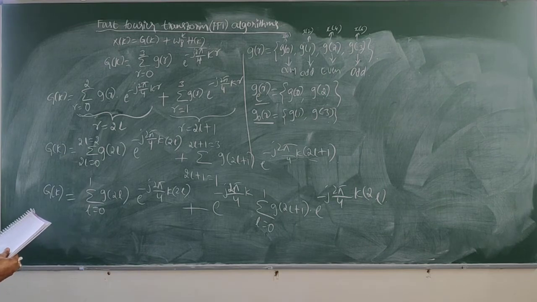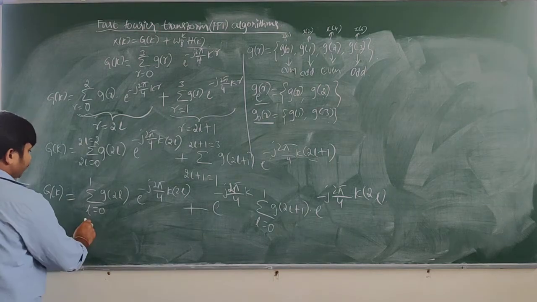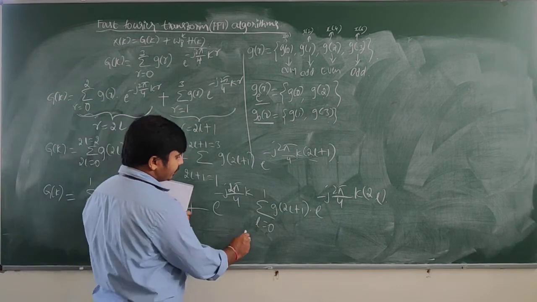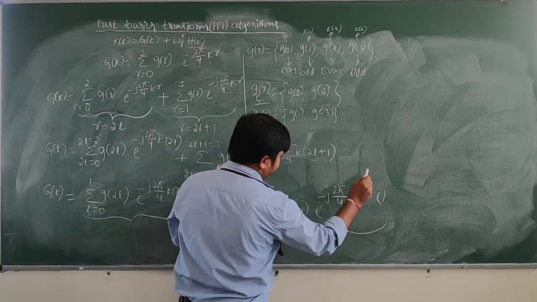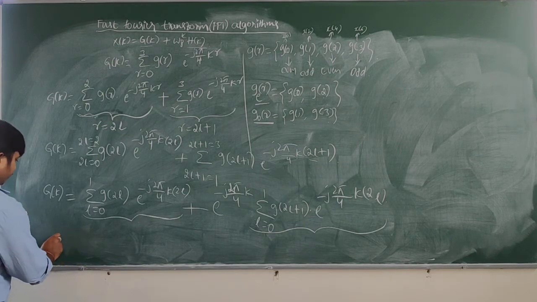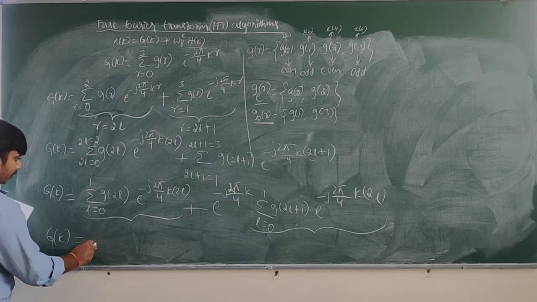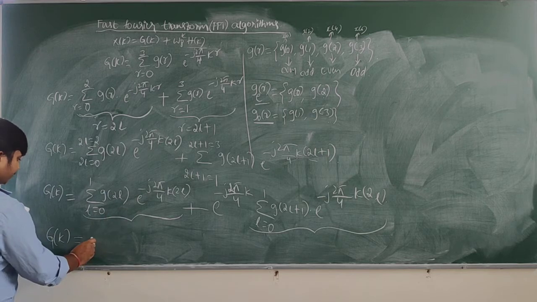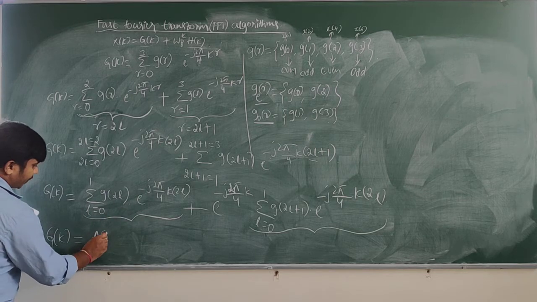Okay, so now again, these are in the form of the DFT equation. Again, this is also in the form of the DFT equation. So G of k is equal to, I will write it as A of k.